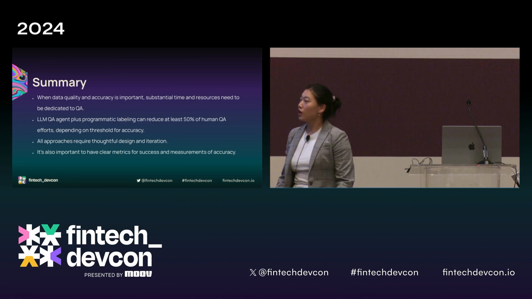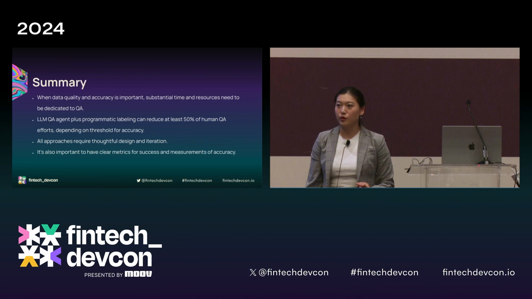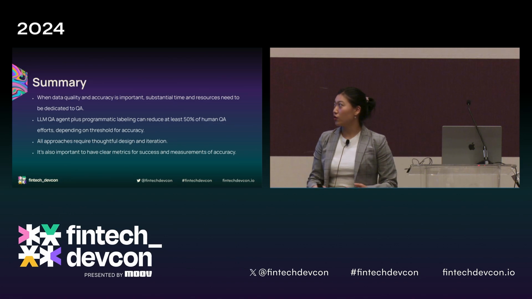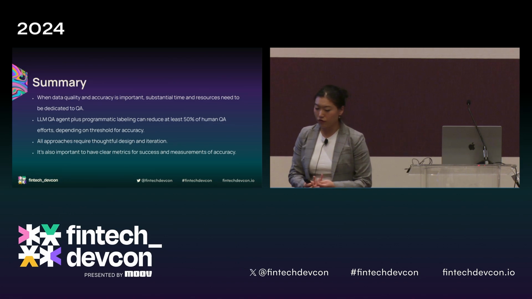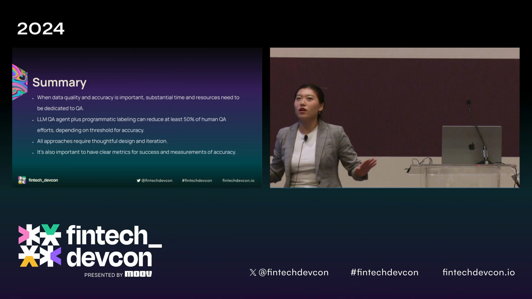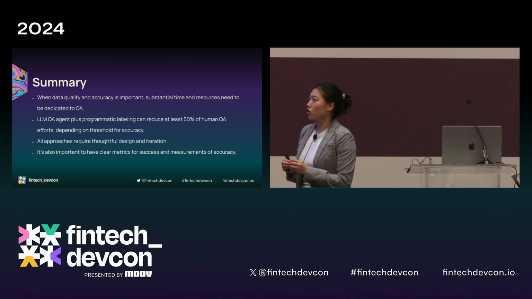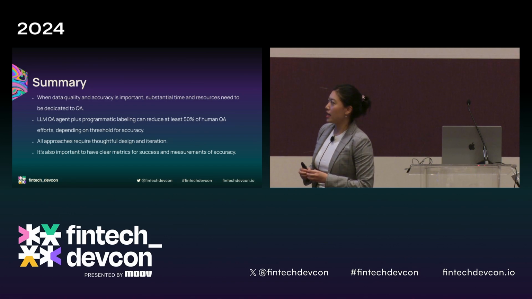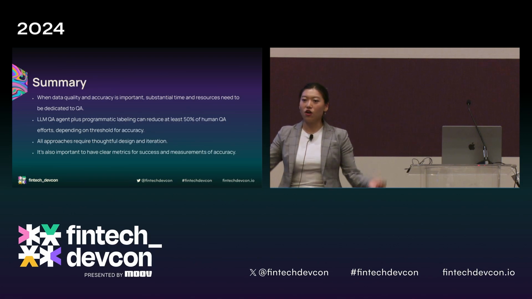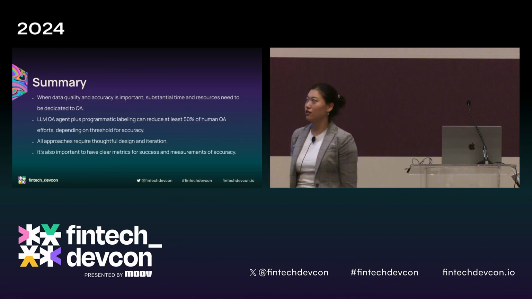LLM agents plus programmatic labeling can reduce at least 50% of human QA efforts, depending on your threshold of accuracy for sure. Not trying to put anyone out of their job, but it makes more sense to go with LLM QA agent and programmatic QA labeling instead of just sending the whole QA set directly to the contractor or the QA team.